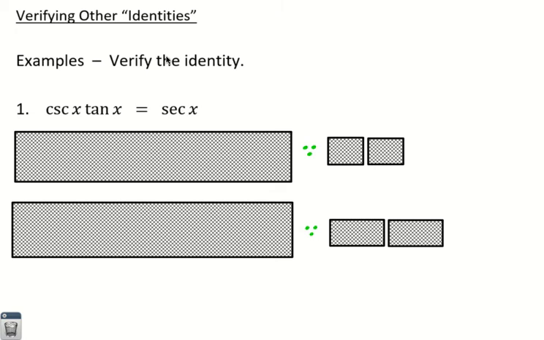Once we can make the left side and the right side totally match, exactly match, then we're done, and we've shown that the identity is, in fact, true. Okay, so here's what I'm going to do first.